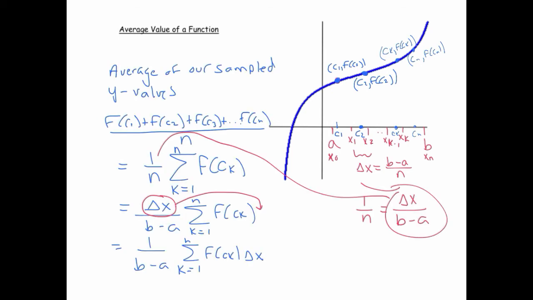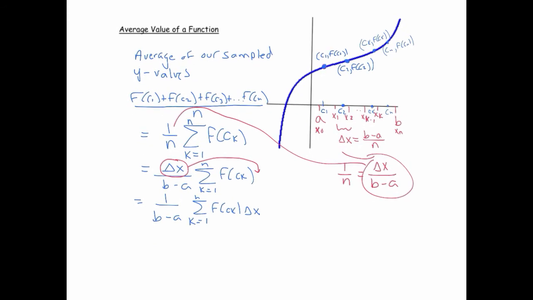And so what's nice about this is if I let n go to infinity, then I'm essentially letting the number of subintervals go to infinity, and hence the number of y values go to infinity. So if you let n go to infinity, this is a Riemann sum right here, right?